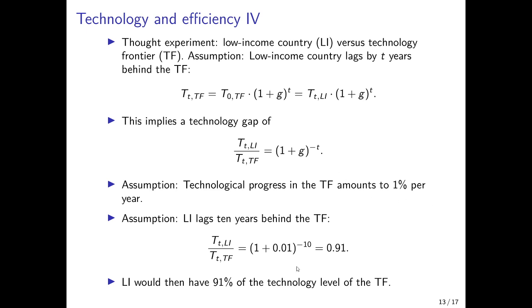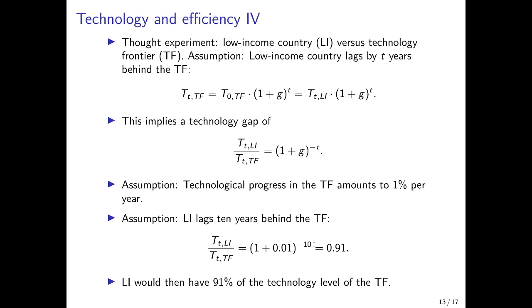So if we plug in these two numbers, 1% for the rate of technological progress and 10 years, we would get that the technology gap between the two countries would be 0.91. So the low-income country would have 91% of the productivity of the high-income country if the difference was solely due to productivity.